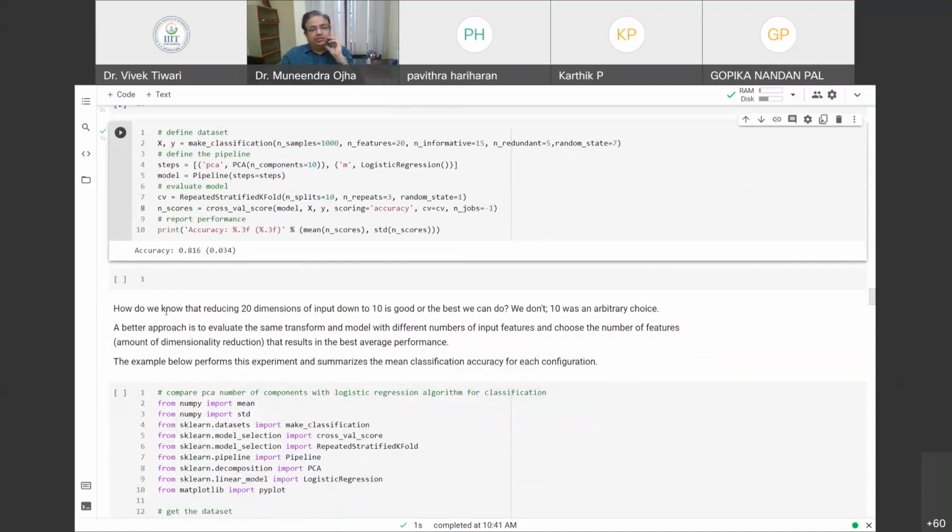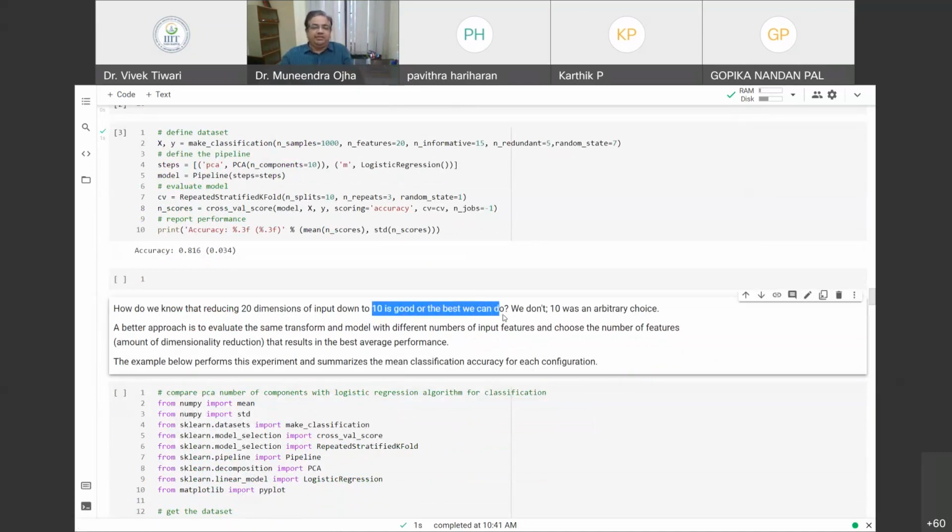Now, how do we know that reducing 20 dimensions of input down to 10 is good or the best that we can do? So these are the practical implications. We understood the theory of principal component analysis, and while doing the practical implementation, you also have to make this decision: how many principal components you want to retain.